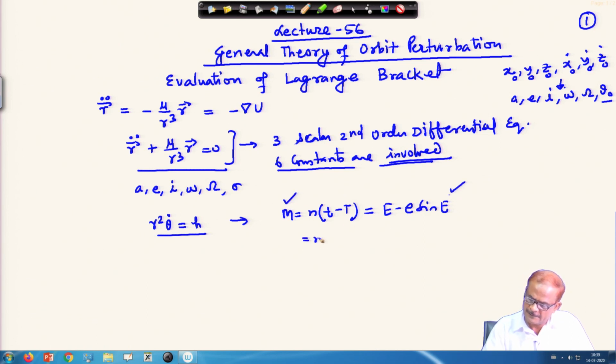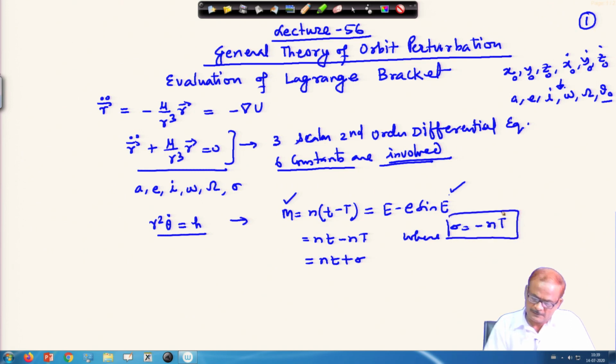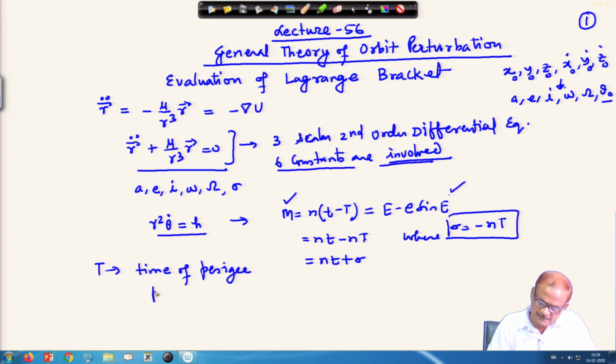This quantity we can write as n t plus sigma, where sigma equal to minus n t, and t is called the time of perigee passage.